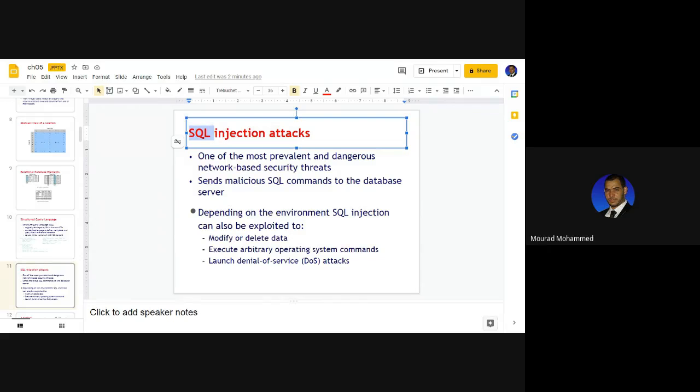SQL injection is very dangerous. Why? Because it's very successful. If the database is interrogated using SQL, it will reply, absolutely true. So this is very dangerous behavior.